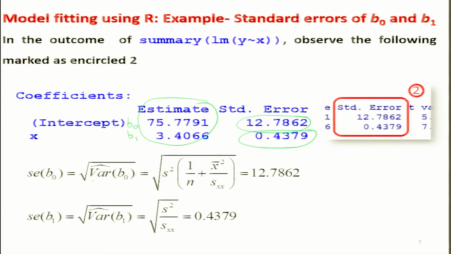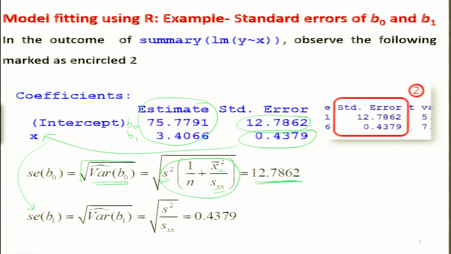We had obtained that the estimate of variance of B0 is given by this factor, and if you want to find the standard error, you have to take the square root of this estimated variance. It is computed on the basis of the given data, because x and y are known to us. So, you can compute all these quantities: S square, x bar square, Sxx, and this value turns out to be 12.78. And similarly, this quantity 0.4379 is the standard error of the regression coefficient estimated by B1.